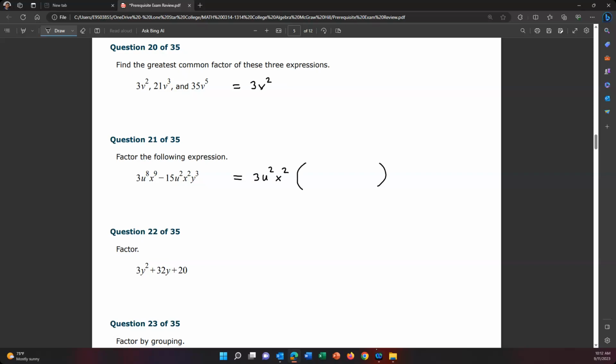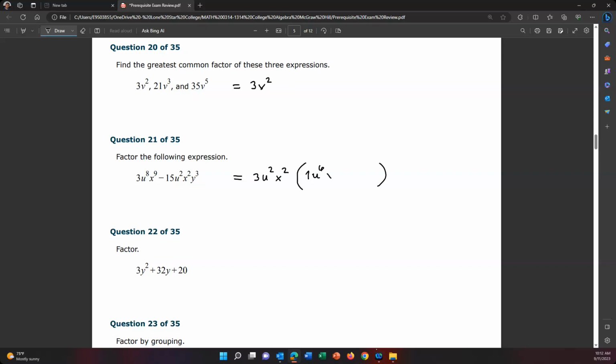So let's see. We have a 3 in the greatest common factor. We have a 3 out here, and we need a 3, so I need a 1, so I guess I'll put the 1 here for now. We have a u square, and we need a u to the 8th power. So it seems like we need a couple of more u's, and that will be to the 6th power, because when we multiply, we add the exponents.